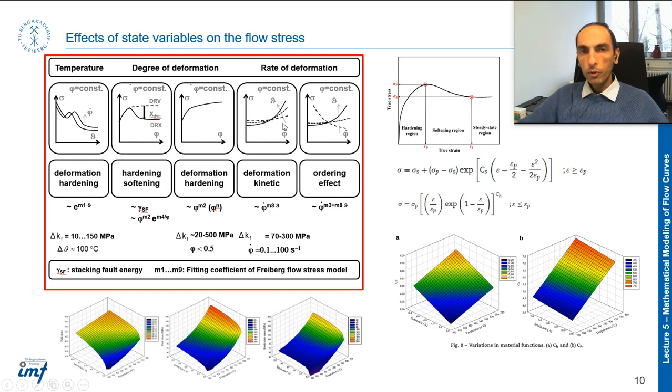If you increase the temperature, this increase of the flow stress resulted by increasing the strain rate will be less. If you decrease the temperature, this will change more sharply. By decreasing the temperature, this value increases but not too much.